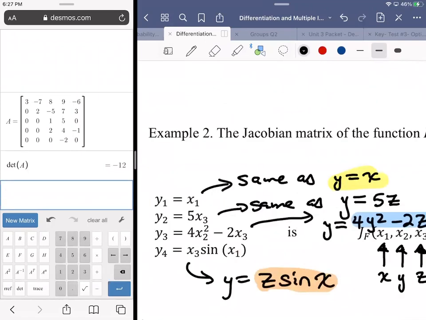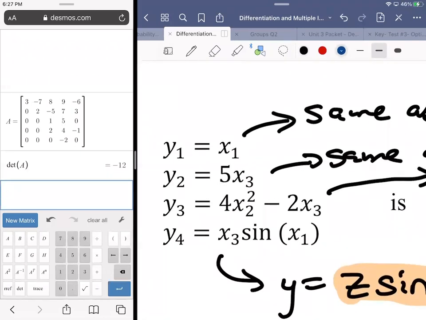So what we do is we add on a 0 x sub 4 to each equation.